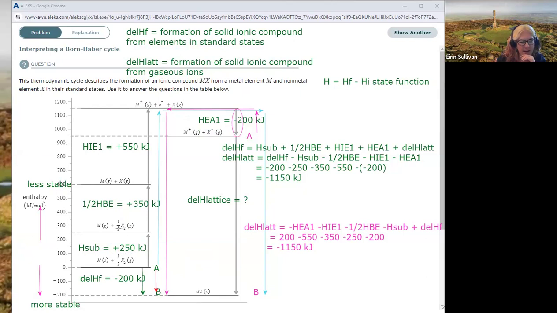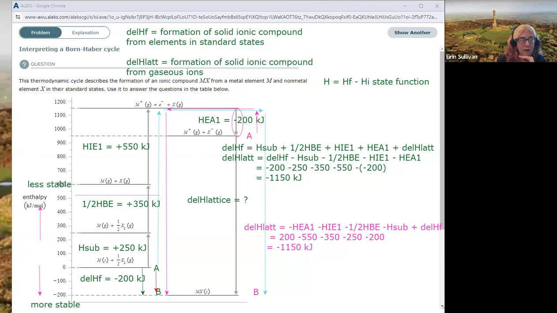So if this XX bond enthalpy was smaller, instead of being here, let's say this line was here, but all the rest of the things stay the same. So then that'd be plus 550, minus 200, and minus 1150. If it was just that XX energy was smaller, if I followed that all the way round, I would see that that would actually stabilize my compound because this MX line would move down.